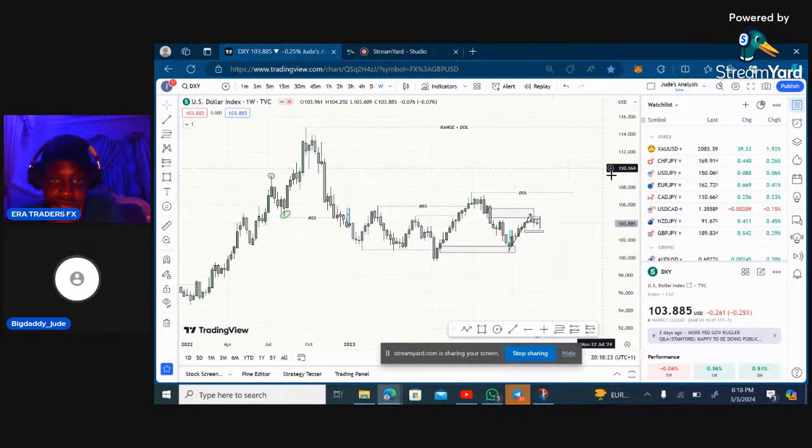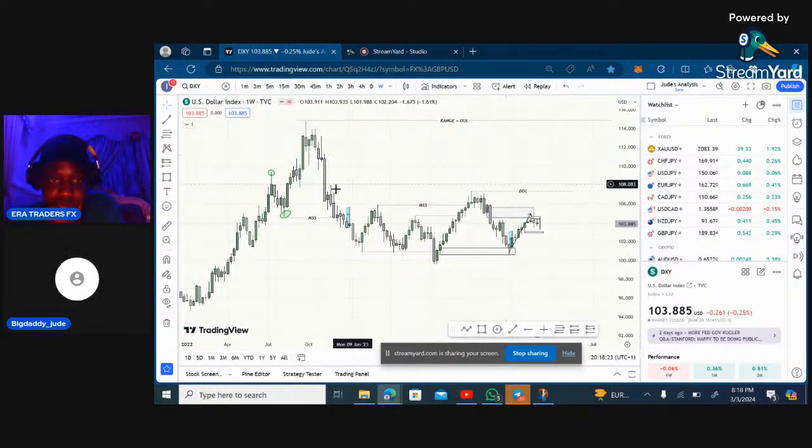Now, while you are looking at that, also don't forget you have a huge imbalance here. I could have taken time to explain what imbalance is, but since you're just making an outlook, there's no need for that.